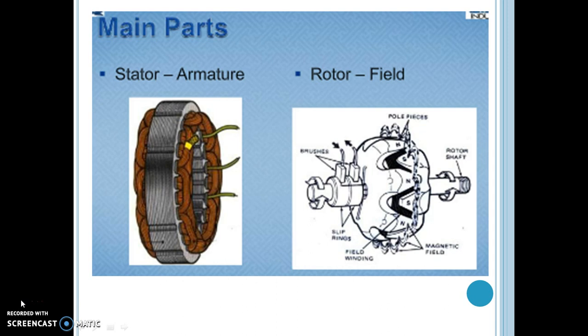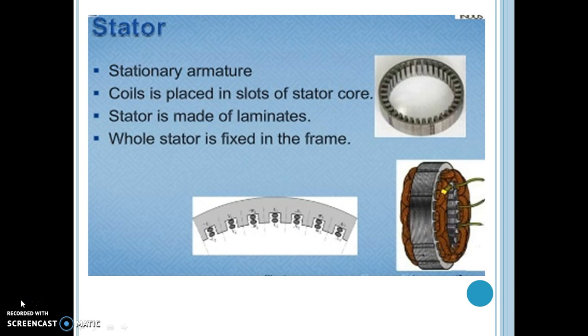In a DC generator, the stator is the field magnet and the rotor is the armature winding. But in the synchronous machine, on the AC generator side, the stator is the armature and the rotor is the field. The stationary armature is placed in slots of the stator core, the stator is made of laminations, and this whole stator is fixed in the stator frame.